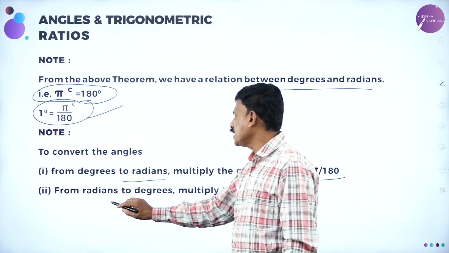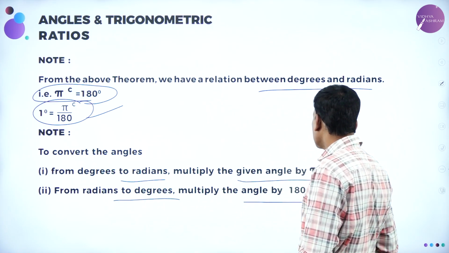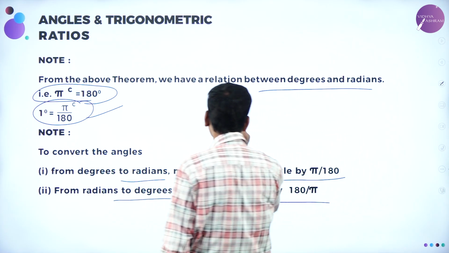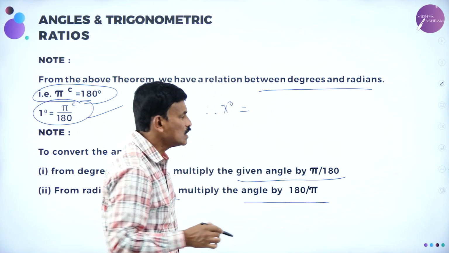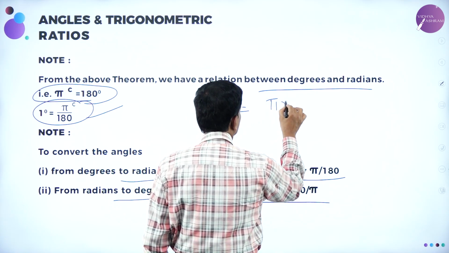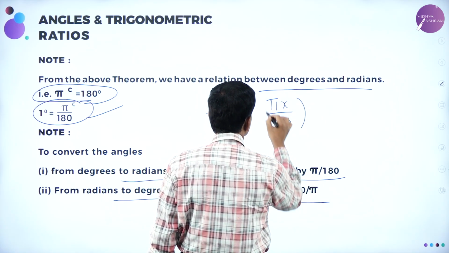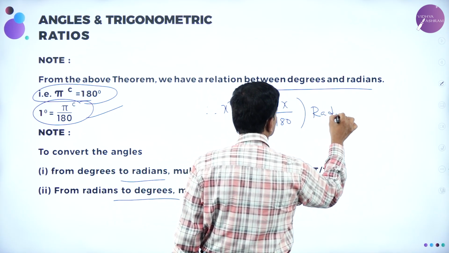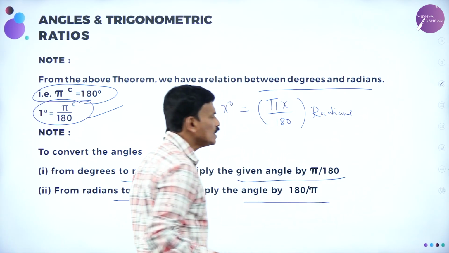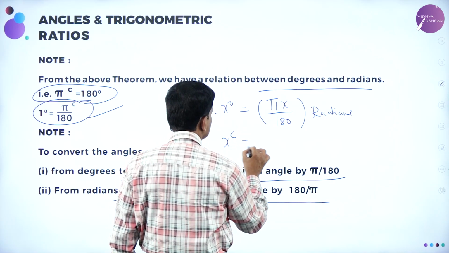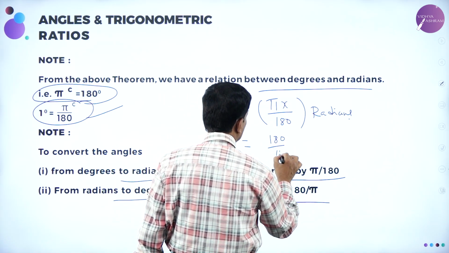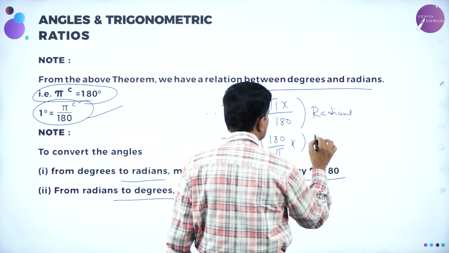To convert radians into degrees, multiply the angle by 180 by pi. So x degrees is equal to pi x divided by 180 radians, or x radians is equal to 180 by pi into x degrees.